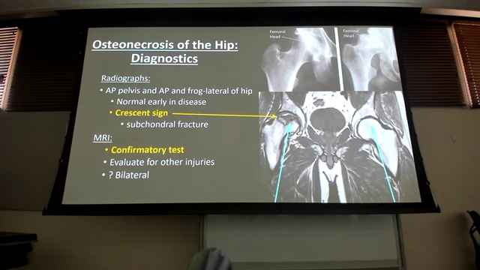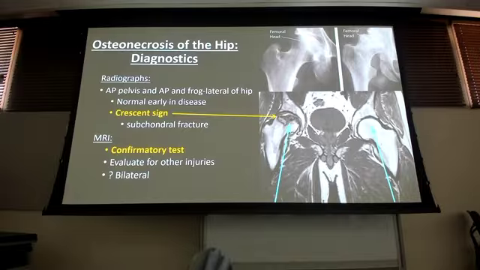Crescent sign, that is a sign that you can see both on radiographs and on MRI, okay? Everybody knows what a croissant is, right? Versus a crescent, okay, not the same thing, right? So a crescent sign is basically just that half moon appearance that you see there.